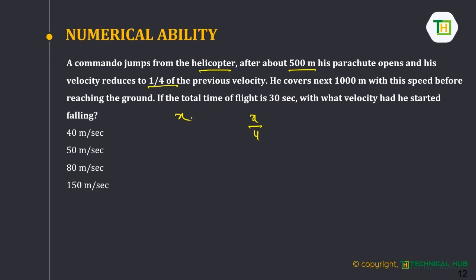Initial velocity is nothing but speed. This is the initial speed, which is equal to x meter per second, and the new speed is equal to x by 4 meter per second. Why? Because after opening the parachute, his velocity reduces to 1/4 of previous velocity, and then he covers the next 1000 meters with this speed before reaching the ground.